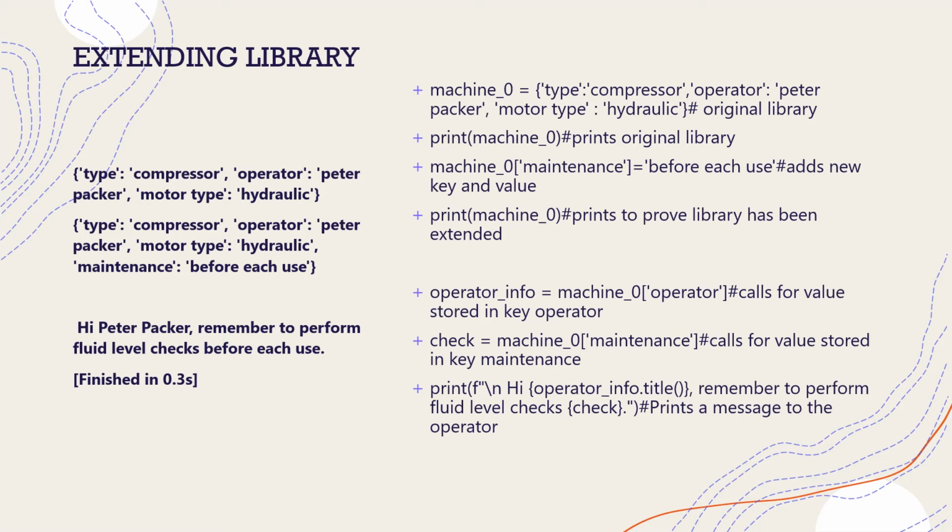At the very end, I used those values to go in and get the key for operator and then the key for check. You pull them out and put them into a formatted sentence. So it says hi to the operator and reminds them to do maintenance before starting to use the machine.